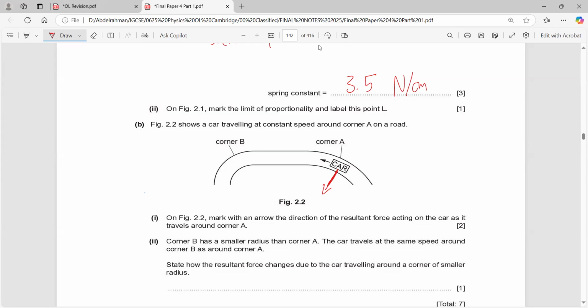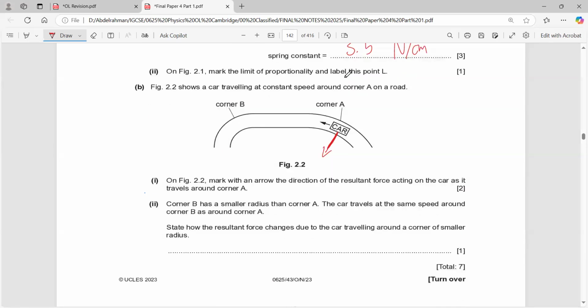Corner B has a smaller radius. The car travels at the same speed. State how the resultant force changes. As the radius decreases, the force acting on the car actually increases.